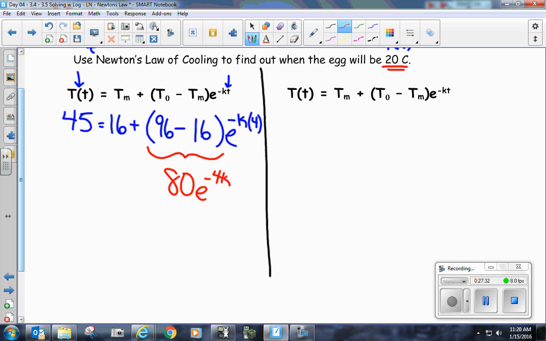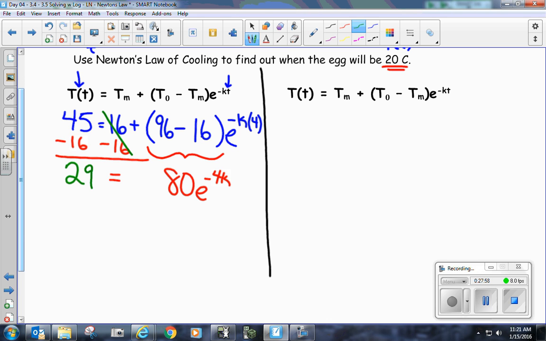Now I also got to get my 16 over, right? What is 45 minus 16? 29. Good. Now, this is gone, right? That's the first step. You bring this number over, the 16 in our case, and you combine.